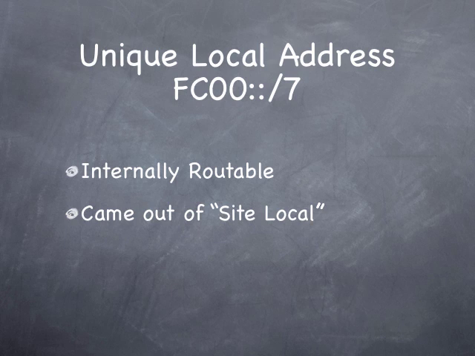However, that got then deprecated, and unique local addresses are really supposed to provide the function that site local was supposed to provide, to give you a unique address block that you can use internally and maybe again with partner organizations. So typically they start with FD/8.